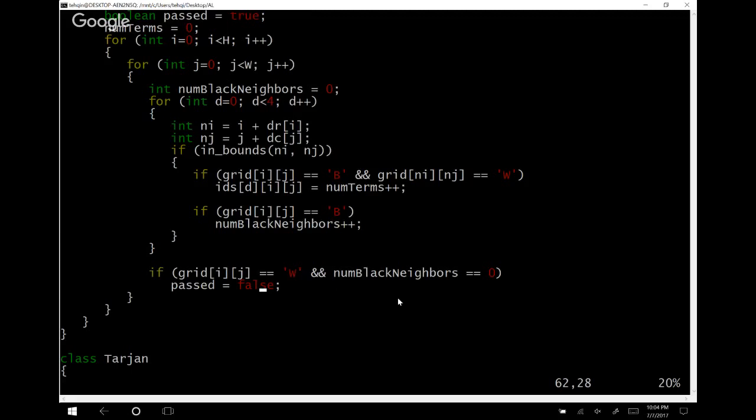So I'm disallowing multiple. Maybe I add that to my two-sat graph, actually. So at least one of those white cells has to be taken. Think about that.